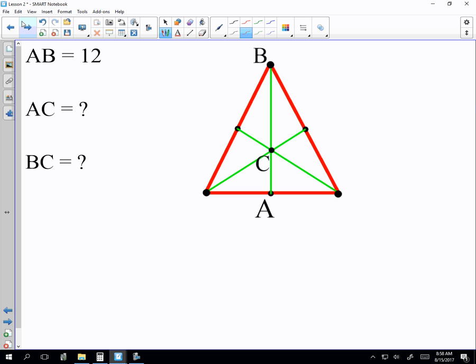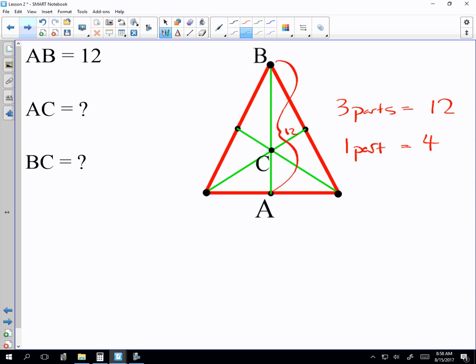Okay, last one, we've got AB. We've got the full length is 12. So our thinking on the side is the 3 parts that make up that full length equal 12. So then the 1 part is 4. Okay, so we've got our part pieces and we have our whole pieces.